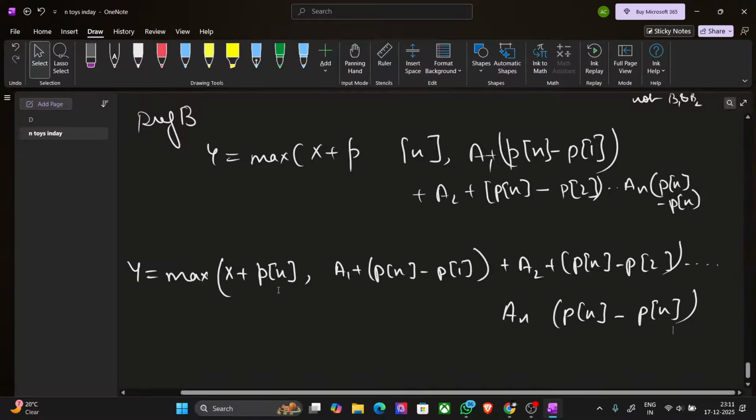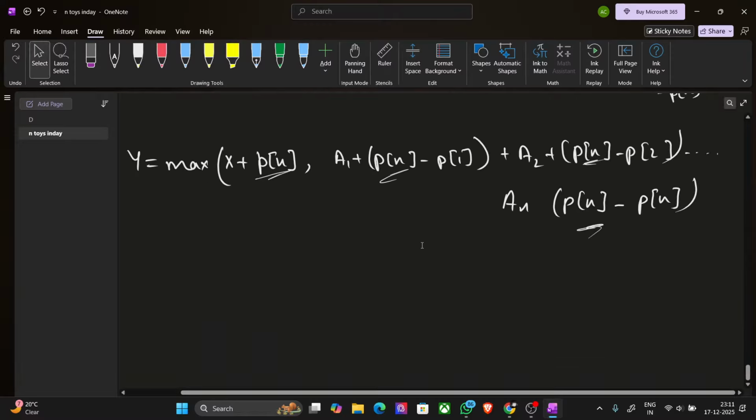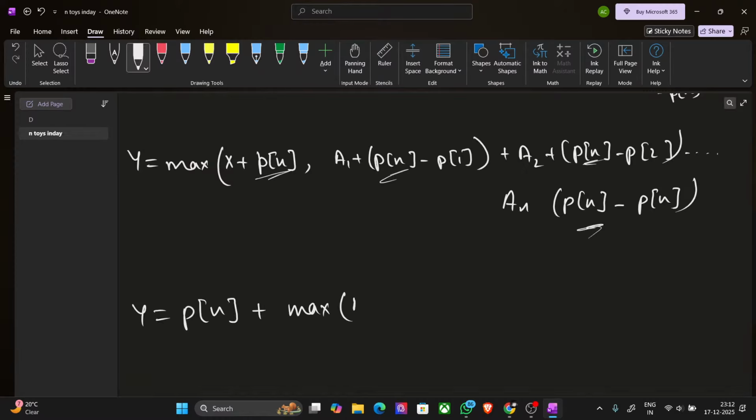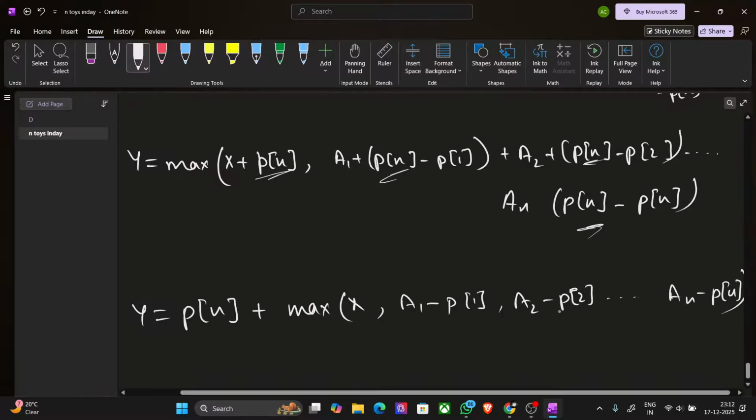Now as you can see, the pn is common in this whole. I can take that out as y is equal to pn plus max of x, comma a1 minus p1, comma a2 minus p2, up to an minus pn. Correct.